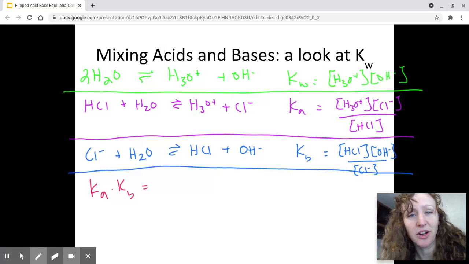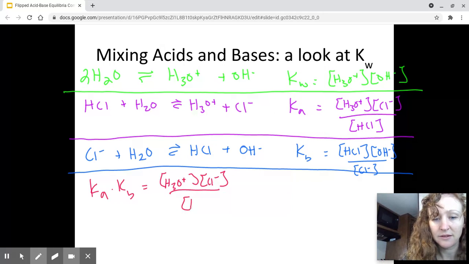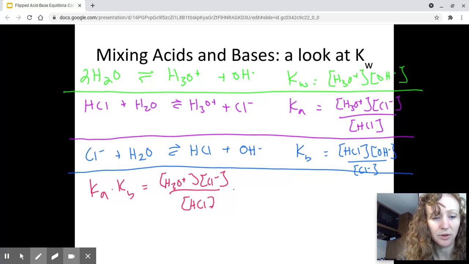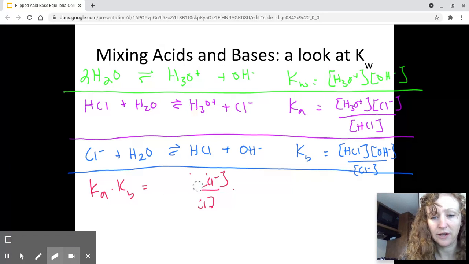So simplify your equation and see what you get. All right, I'm just rewriting Ka. All right, now I'm going to rewrite Kb. Oh, I probably should have kept those colors consistent. Let's do that real fast.